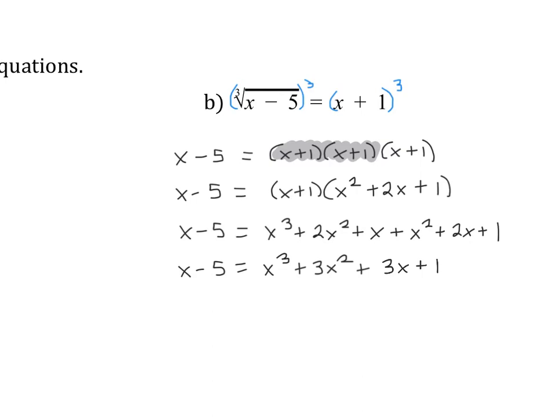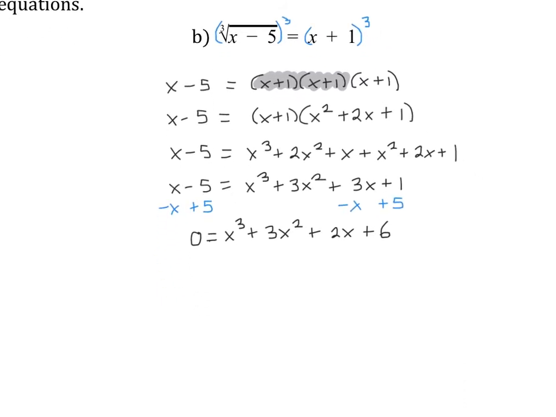And then let's set our equation to 0. So I'm going to subtract x from each side and add 5 to each side. So we get 0 equals x cubed plus 3x squared plus 2x plus 6.